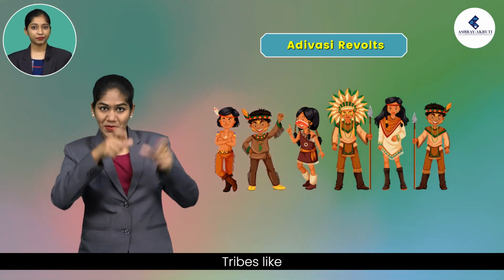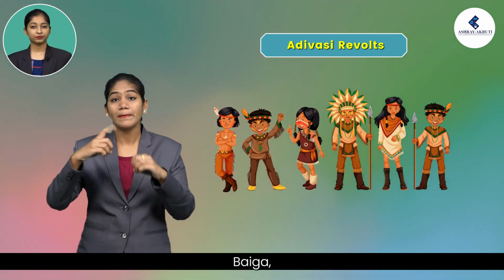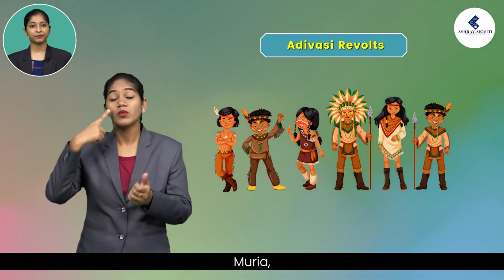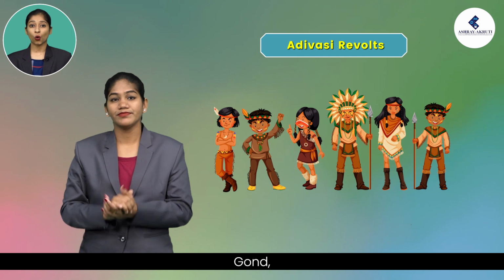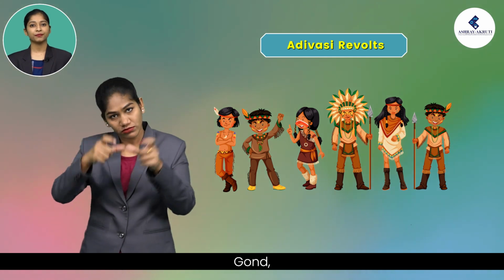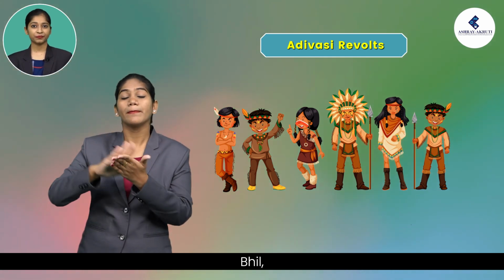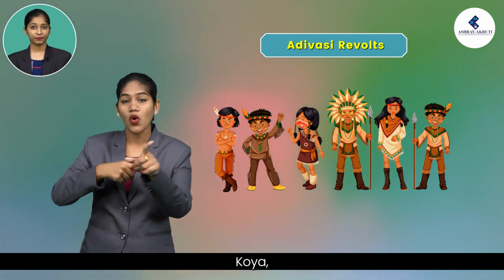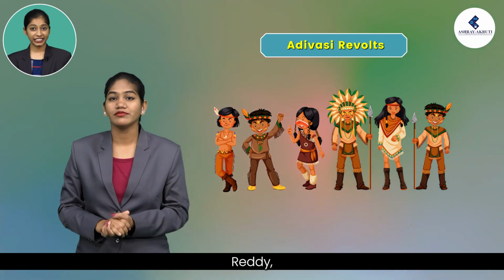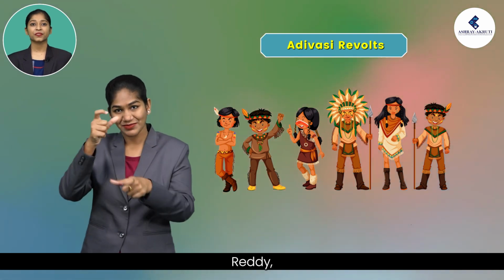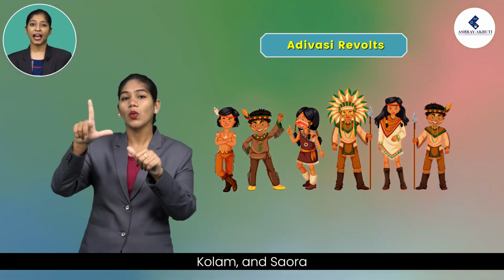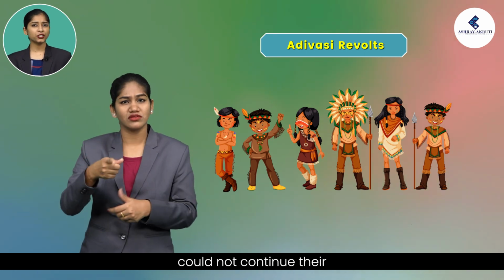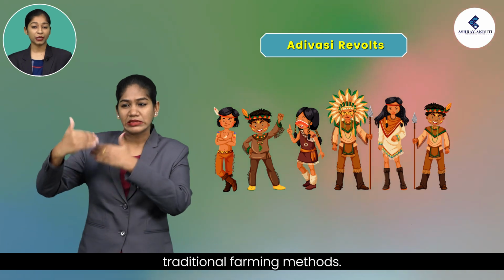Tribes like Baiga, Muria, Gond, Bhil, Koya, Reddy, Kolam and Saora could not continue their traditional farming methods.